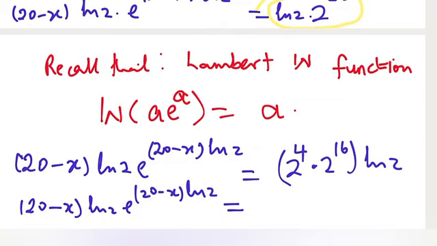So we can now have 2 raised to the power of 4. This 2 raised to the power of 4 is 16. Okay, so we're going to have 16 ln of 2, then multiplying 2 to the power of 16. Understood?